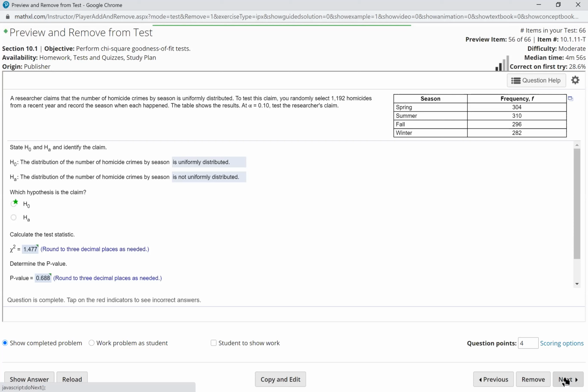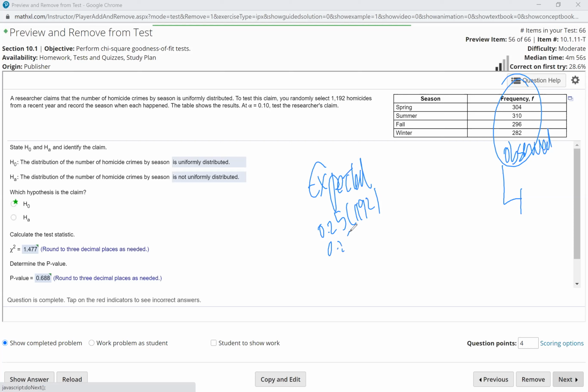And again, here is what you have to do. Observed values go to L1, observed. Expected: actually, it's easier than the previous question. The expected value is going to be 25% of the total. So just take 25% of 1,192.